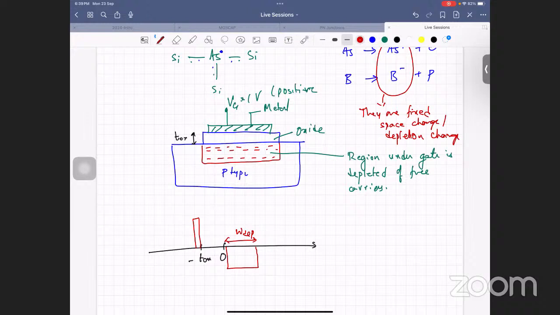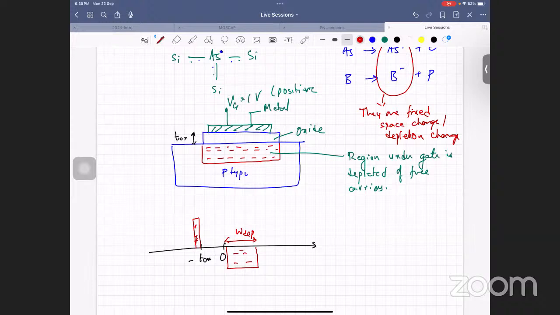Good. Now, what will happen if you have a depletion region like this? Why is the inversion formed? Will the inversion form if you have a depletion region always like this? It's not opposite, it's only depletion.